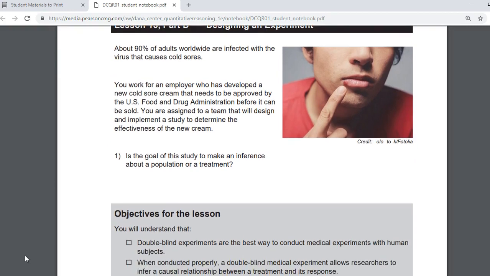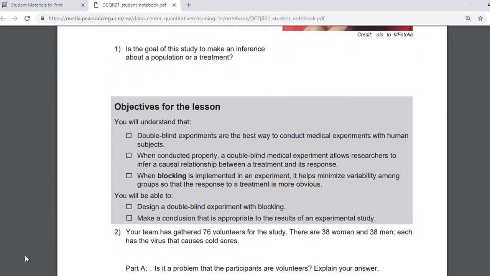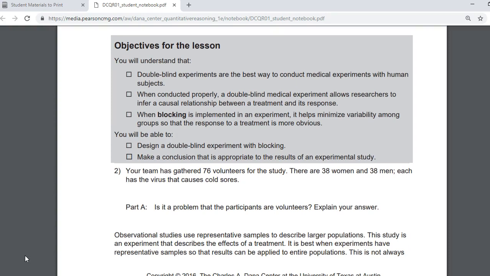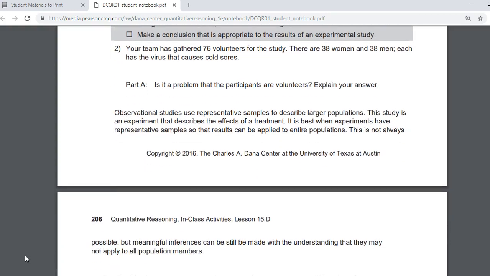When we did this experiment on the cold sores, and we talked about blocking, and the bullets and the objectives are very good for getting definitions. Like when it is implemented, it does help minimize variability among the groups. You need to know that. And the reason we do it is, as it says, so that the response to a treatment is more obvious.